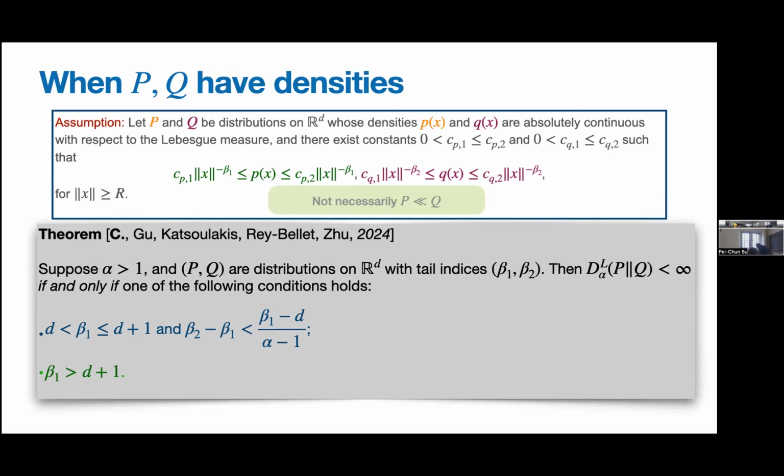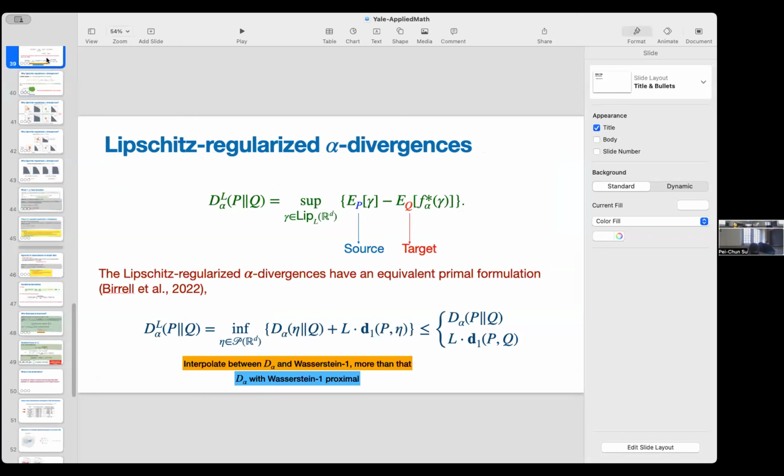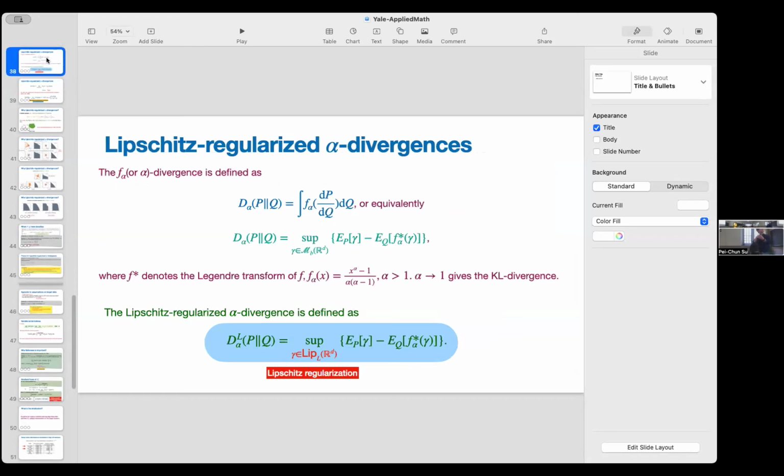So maybe I should come back to the formulation of alpha divergence first. It's over here, this alpha divergence.